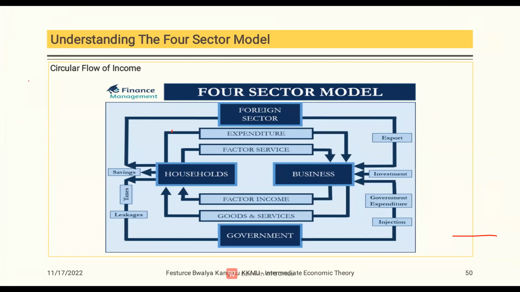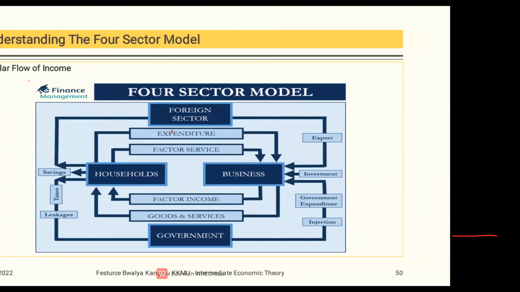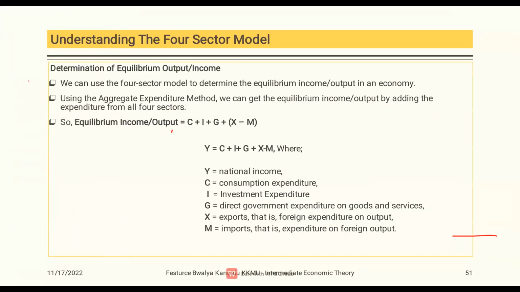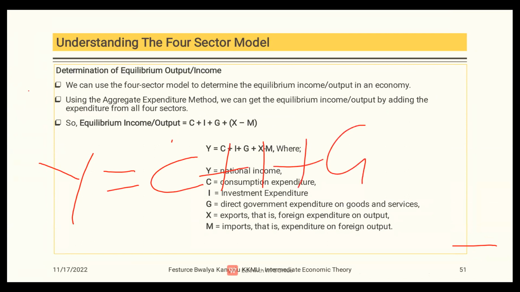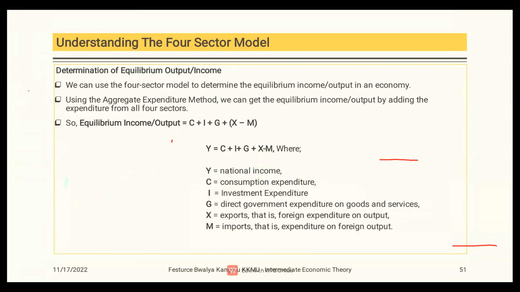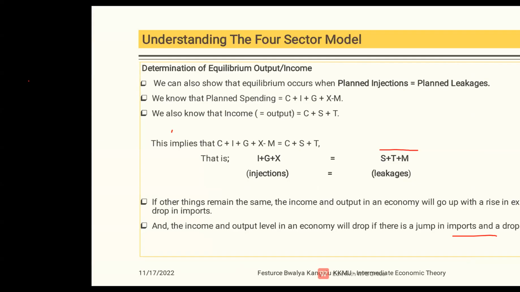Yes, sir. And then once we introduce the 4th sector, you see that the equation for national income changes. National income will include all the 4 components: C plus I plus G, the government, plus the external sector, the foreign world. So that's what usually happens.